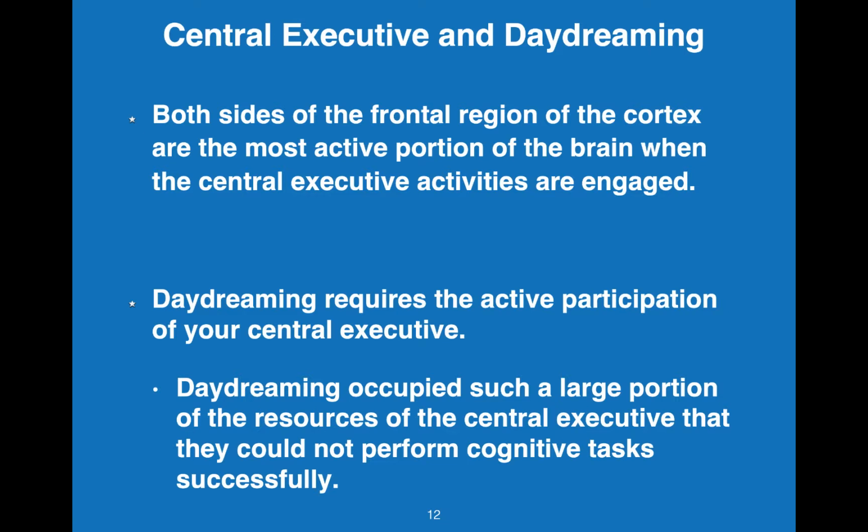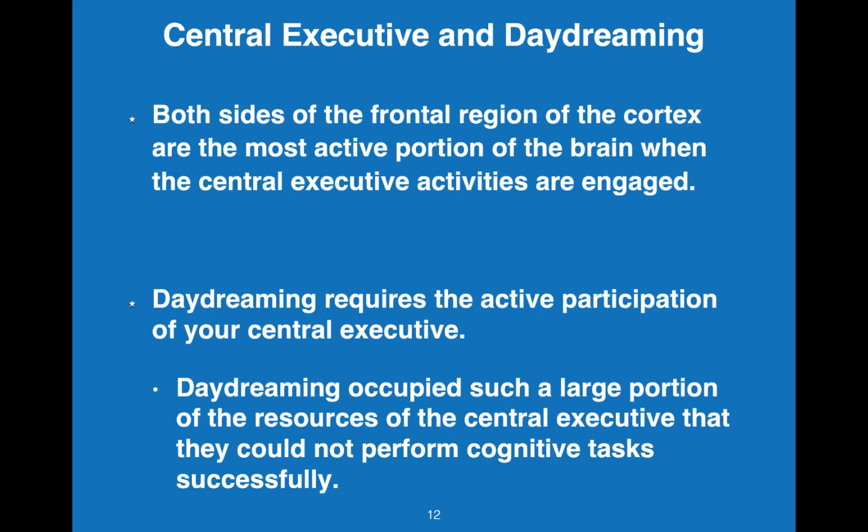Daydreaming requires the active participation of your central executive. Your central executive moves your memory to engage in daydreaming and ignore the current present situation. Daydreaming occupies such a large portion of the resources of the central executive that you cannot perform cognitive tasks successfully.